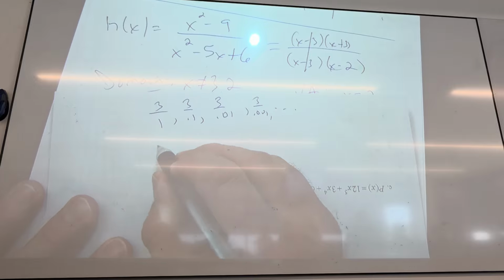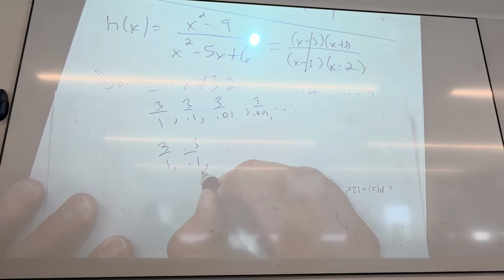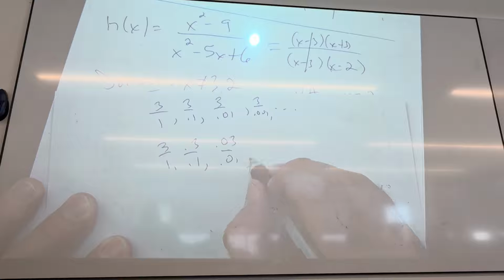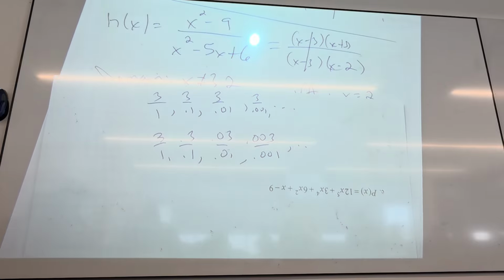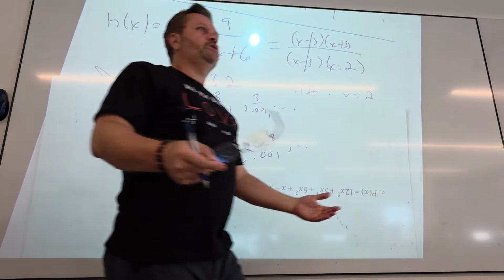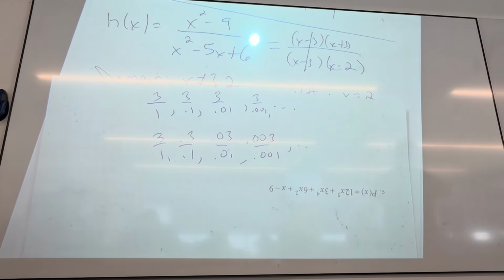What's happening here? 3 over 1, 0.3 over 0.1, 0.03 over 0.01, 0.003 over 0.001. They're all 3. So if the bottom is getting small at the same rate that the top is, it's not going to be a wall. It's not going to be a vertical asymptote.